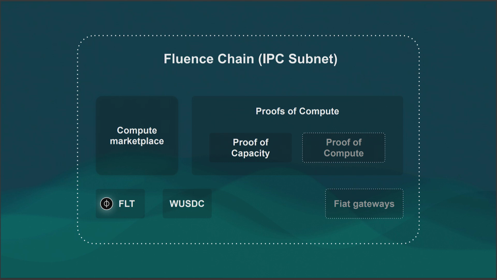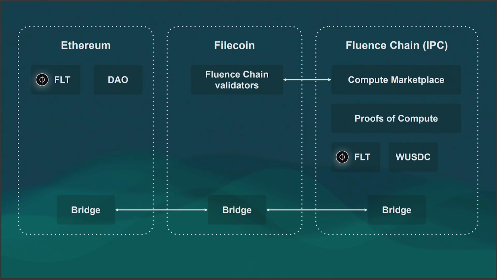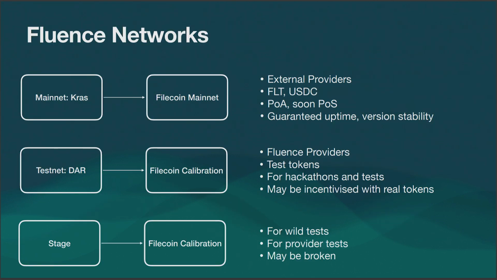And it has wrapped USDC and other stablecoins that developers can use to pay for the workload. The FLT token is bridged from Ethereum to Filecoin and to the L2, to the IPC. We use Axelar as a bridge to Filecoin, and then we bridge them further to the IPC itself.